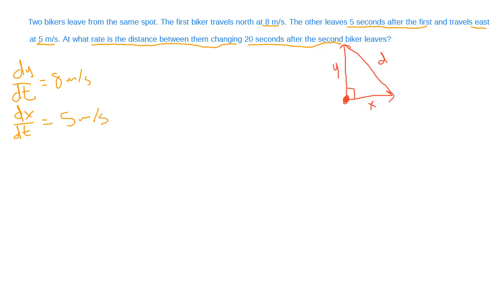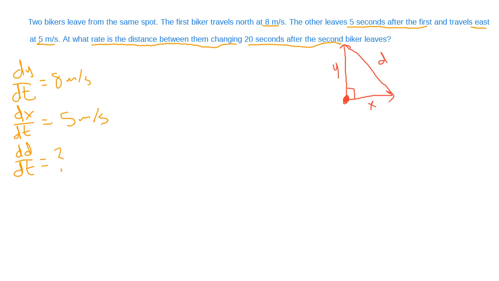All right, and then let's see, we know that they're looking for the change in distance. So dd over dt is going to be our question mark.